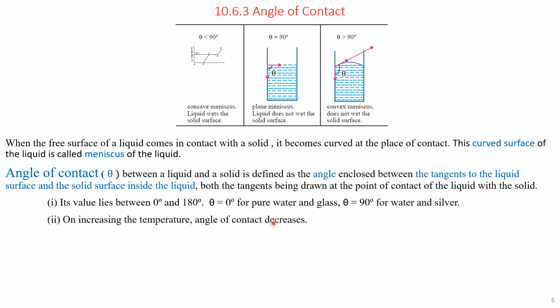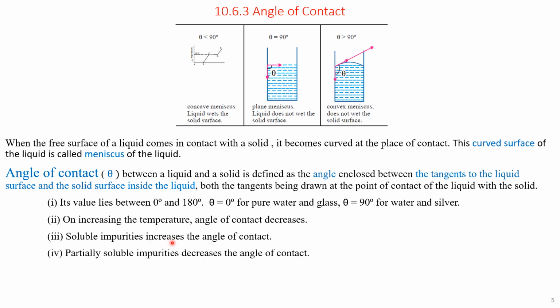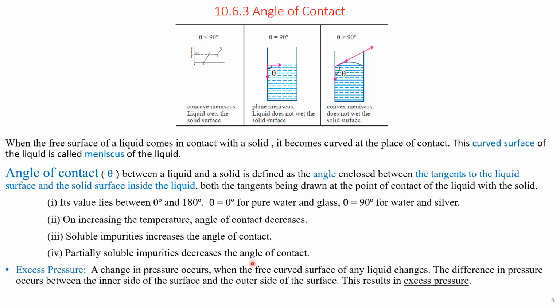On increasing the temperature, the angle of contact decreases. Soluble impurities increase the angle of contact. Partially soluble impurities decrease the angle of contact. Then there is another term called excess pressure.